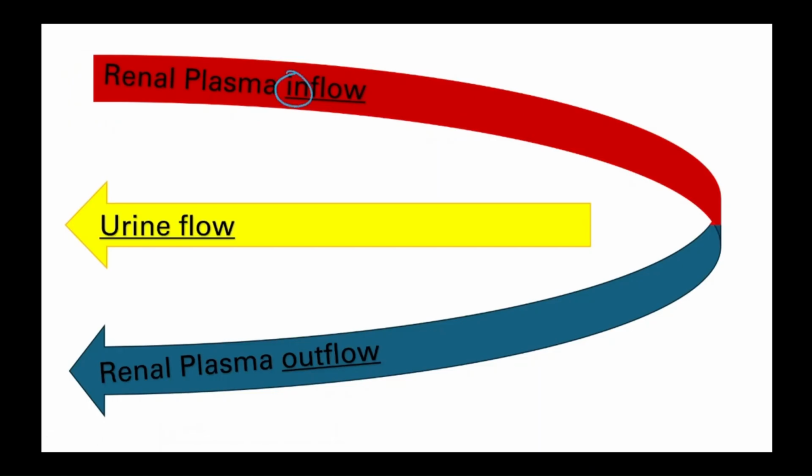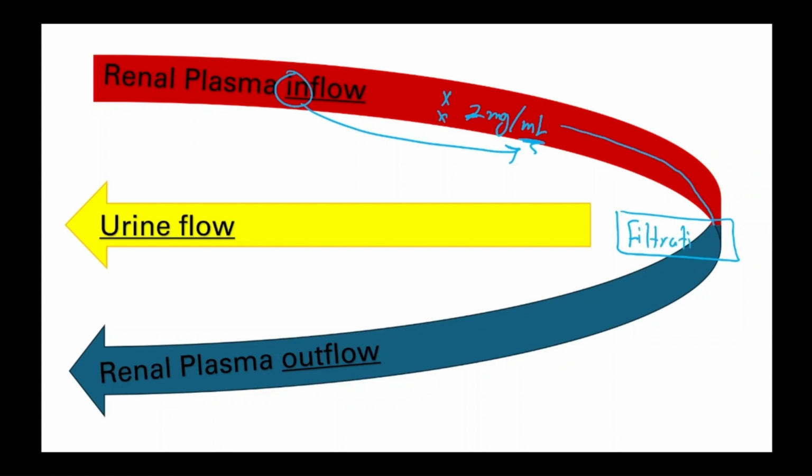So here we have the inflow of plasma. Let's say that we have a concentration of 2 mg of the substance X for each milliliter of the plasma inflow. This plasma inflow is reaching the filtration side and is being filtered from the substance X. So the substance X will be excreted out in the urine in a concentration that we will determine in a few seconds, and the free plasma is being returned back to the body.